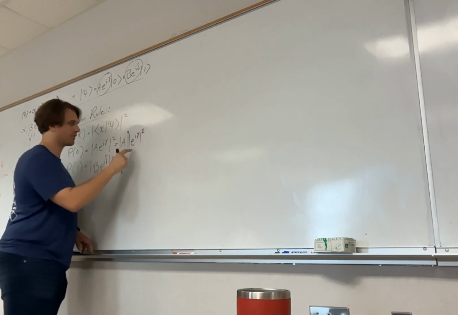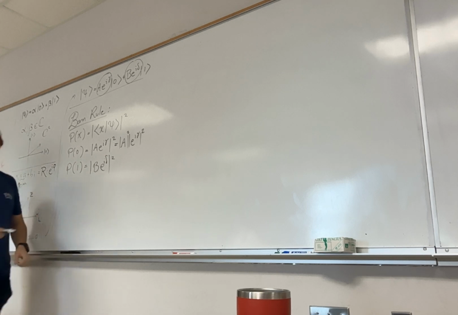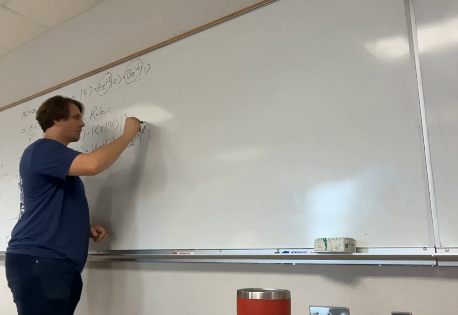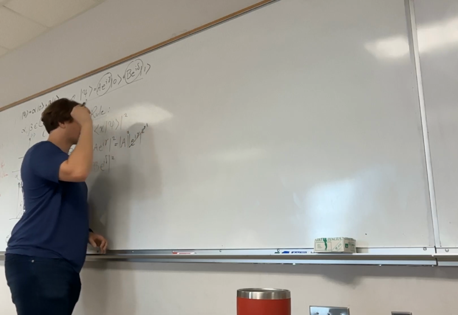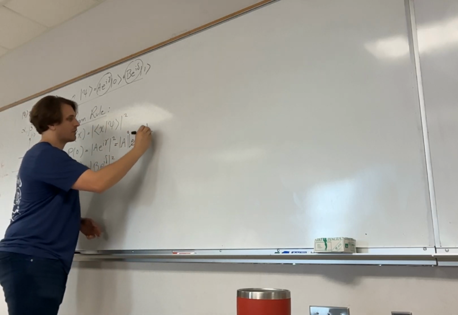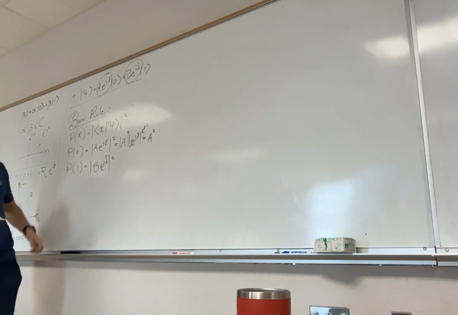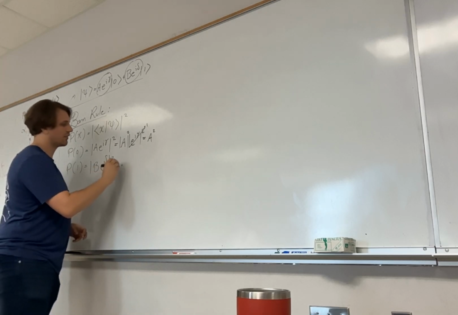And now I have another question, which is, what is that? 1. Because basically, this thing traces out the unit circle in the complex plane, which is all the points which are 1 away from the origin. So this thing is always 1. It's just sort of a rotation. Okay, so that just goes to 1. So this is just a squared. And a mod squared is just the same thing as a squared, since it's a real number. Likewise, this is b squared.